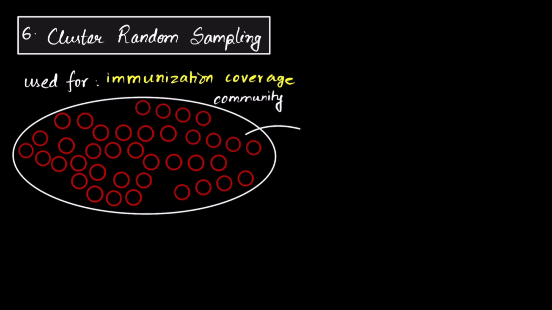Let's say the surveyor divides this community into a total of 500 clusters. Then from these 500 clusters, a total of 30 clusters are chosen. To make it random, SRS, simple random sampling, is applied to choose 30 clusters out of 500 divided clusters.